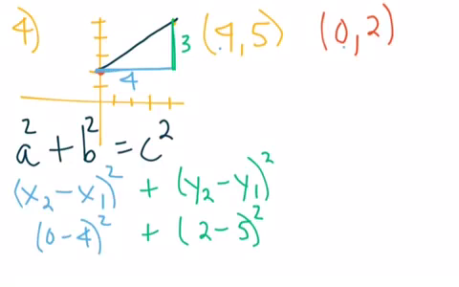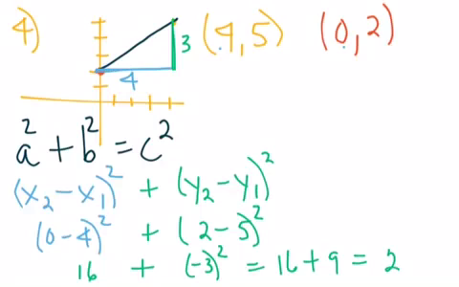So this gives us 16 plus negative 3 squared, which means negative 3 times negative 3. So that's equal to 16 plus 9, which gives us 25. Then we're ready to do the square root. So the side C is 5.